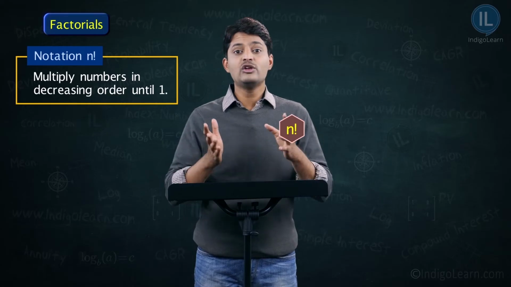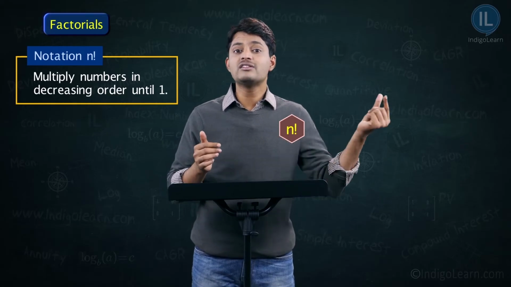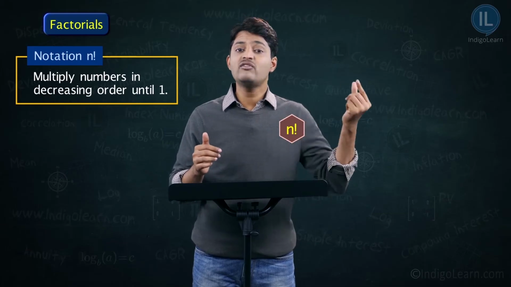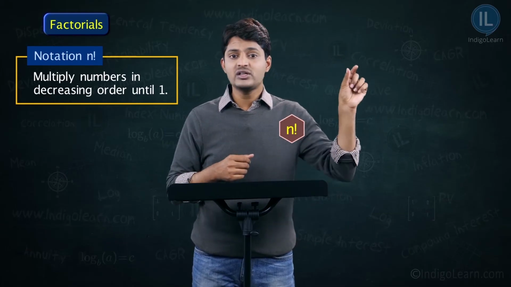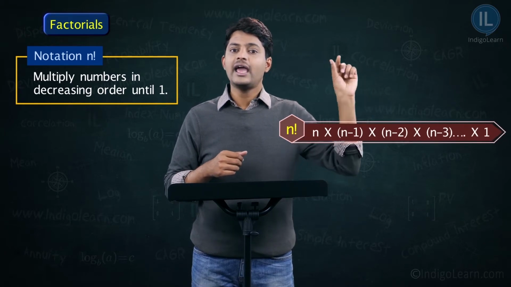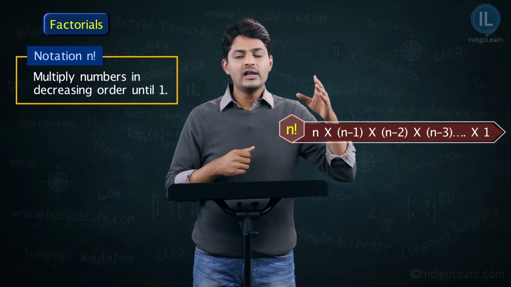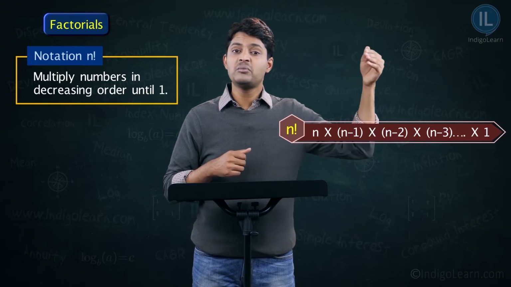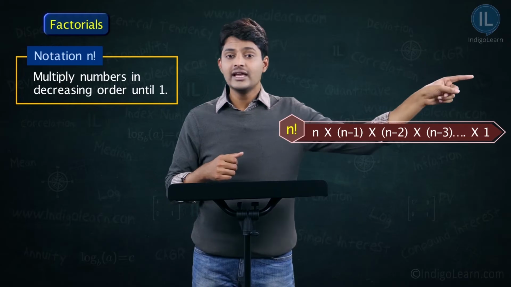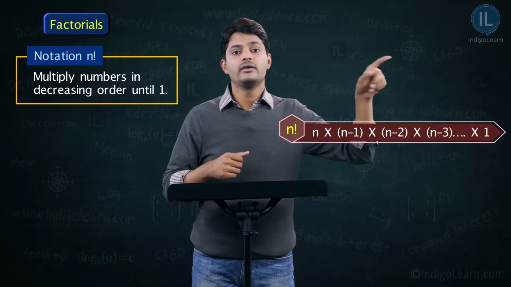Unless I know the value of n, I will not be able to tell the value, but notation-wise, n factorial is nothing but n into 1 less than n, which is n minus 1, into 1 less than n minus 1, which is n minus 2, and so on, till we get the final value as 1.